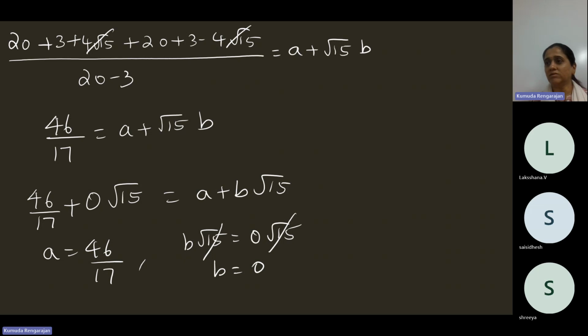You didn't write, no? You've just written a square plus b square. No, I don't know. I'm just guessing. So you've not written the 2ab term. So you got 20 plus 3 in the numerator by 17. Other side also you got 20 plus 3 by 17. Correct? Yeah. Strong. Okay.